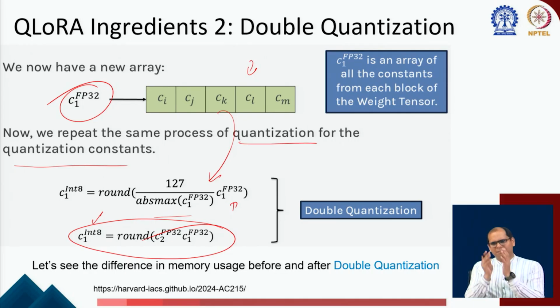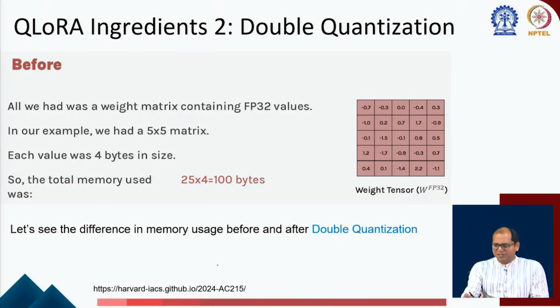I first quantize blockwise. From each block I get a constant, and then I have an array of these constants. I do quantization again on these. Okay, so now what's the difference in the memory consumption for this toy example before and after quantization? Before any quantization, you had a weight matrix of size 5 cross 5, so 25 values, and you were storing each in 4 bytes, 32 bits. So you needed 25 cross 4, 100 bytes for storing this weight matrix.